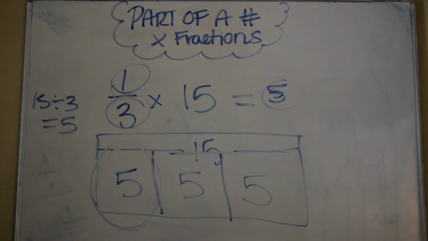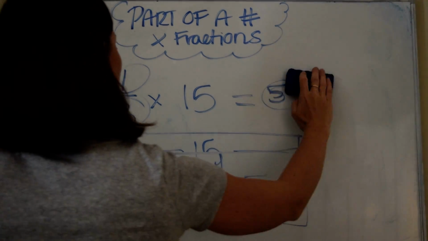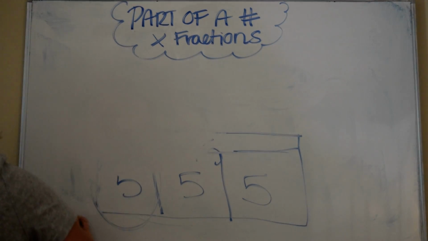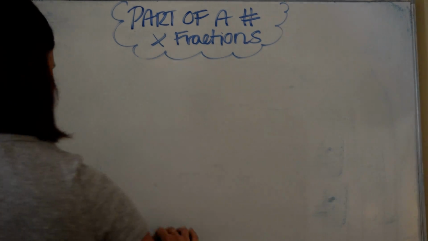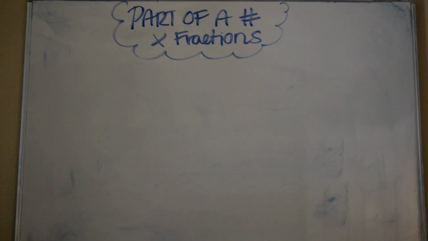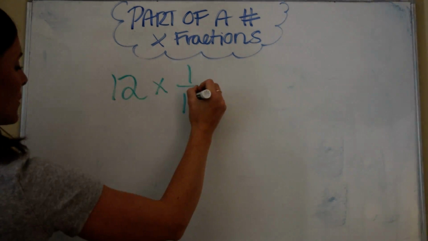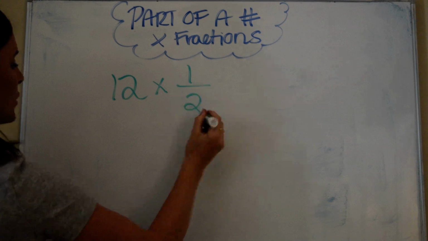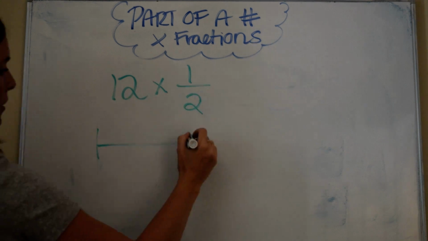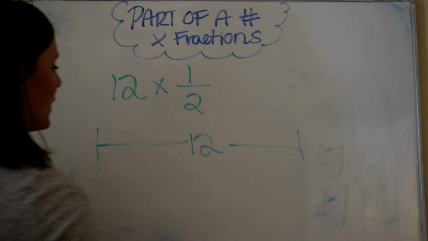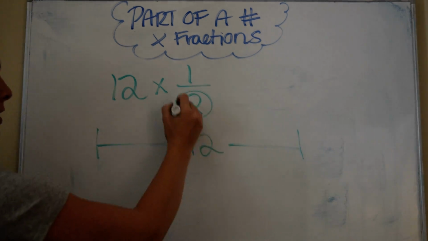Let's do another one. So as long as you follow the steps and you get the hang of it, I think these will be pretty easy for you guys. Let's say I did 12 times 1/2. Okay, so, times 1/2. So take the whole, 12. Break it up into 2 even boxes.